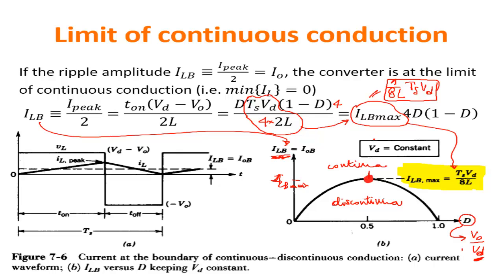So you have to keep in mind that D depends on the value of the output voltage that you want. So once you know the unregulated voltage and you know the output voltage that you want, you also know D, and therefore you know the current for which you go at the limit of continuous conduction. Okay, so above this parabola we have continuous conduction, below this parabola we have discontinuous conduction.